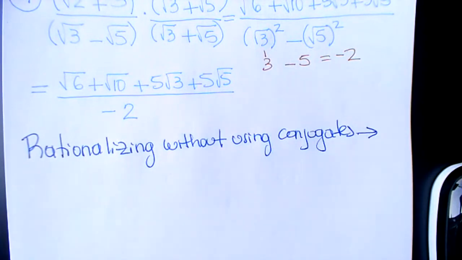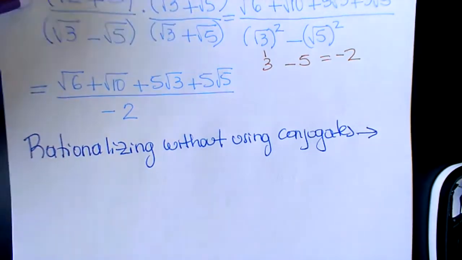So we know that when the denominator has only one term, it's a monomial, right? So the denominator is not rationalized by the conjugate. Let me give you an example of what I'm saying.